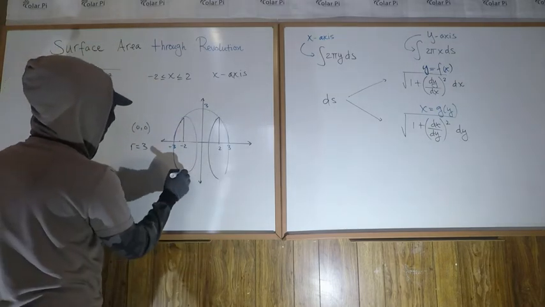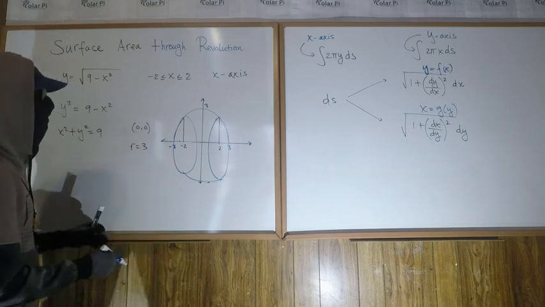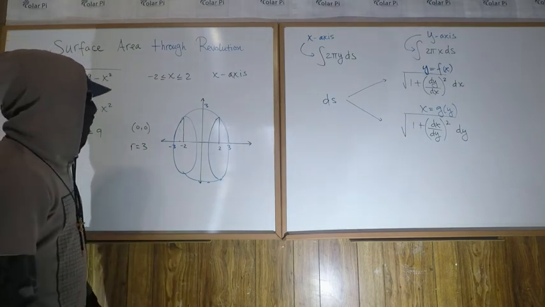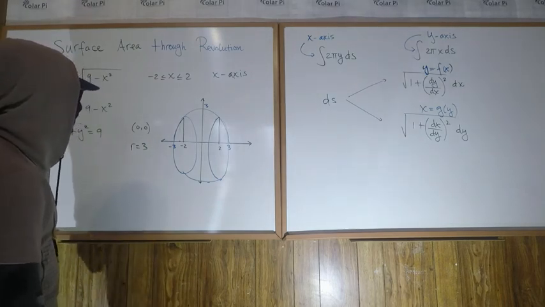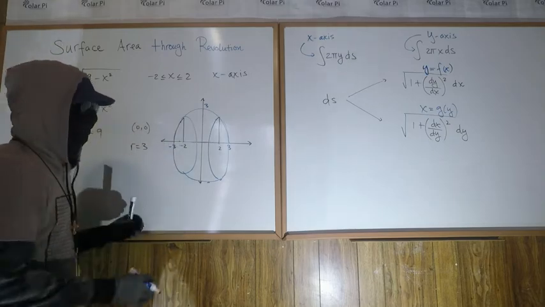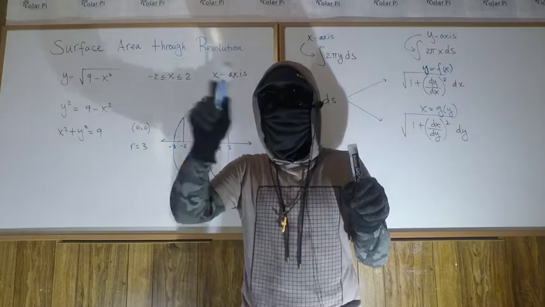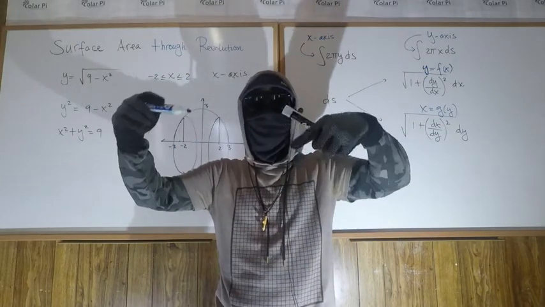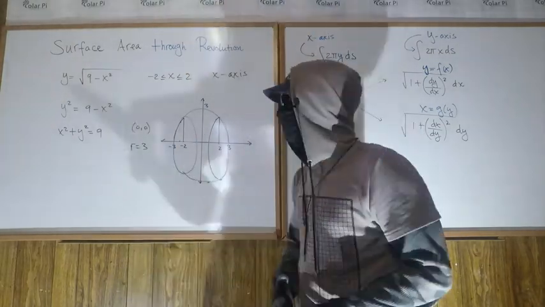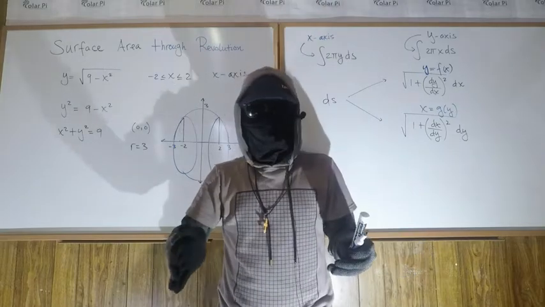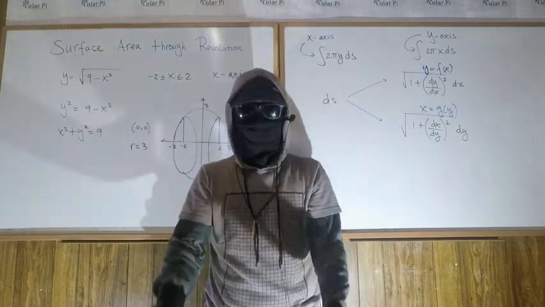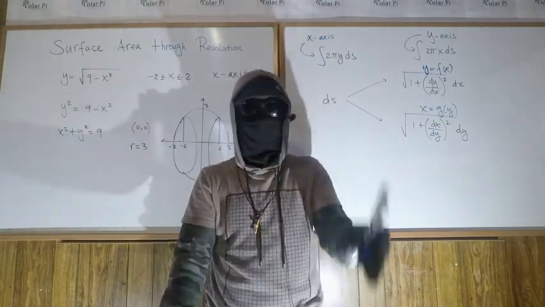Well, you get it. It will look like this. My drawing here is less than convincing, but you get it. Basically, it's not going to be a sphere, because if we take the entire semicircle and revolve it about the x-axis, it's going to be a sphere. But we don't have a sphere. It's like a sphere where we took a knife and chopped off even ends on either side.